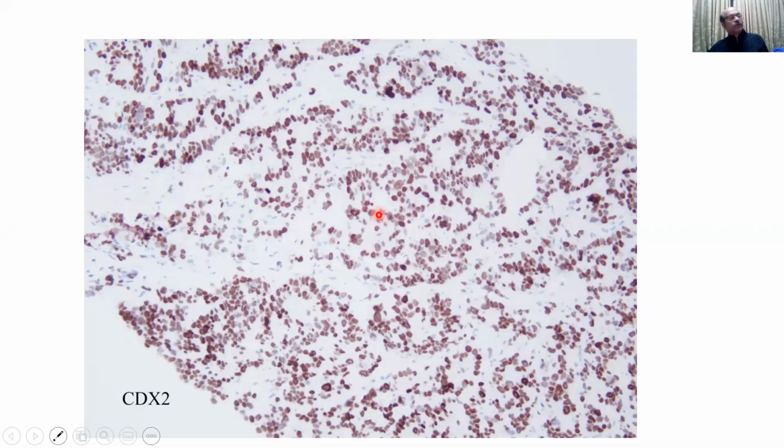So what is the diagnosis? It is colonic adenocarcinoma that has metastasized or infiltrated into the prostate. That prostate also contains a 4+3 adenocarcinoma.